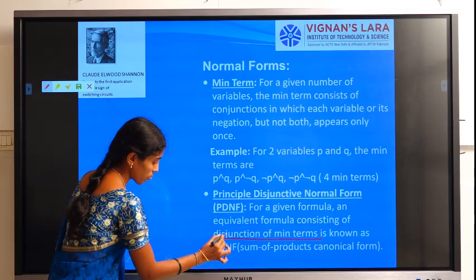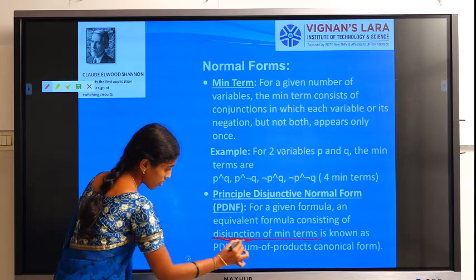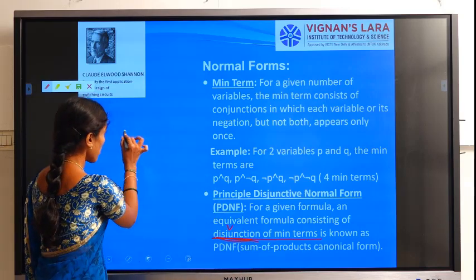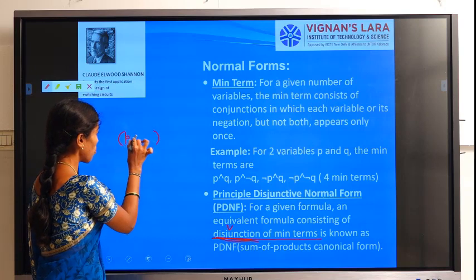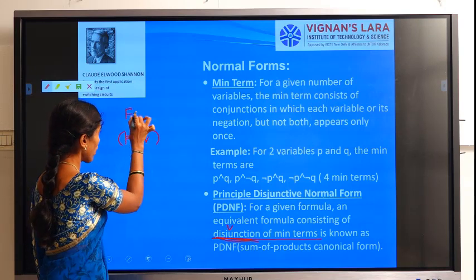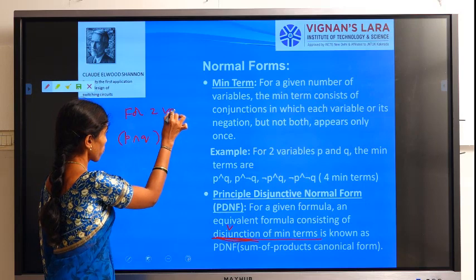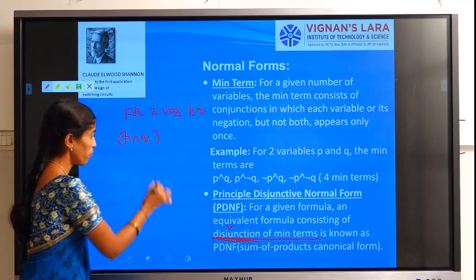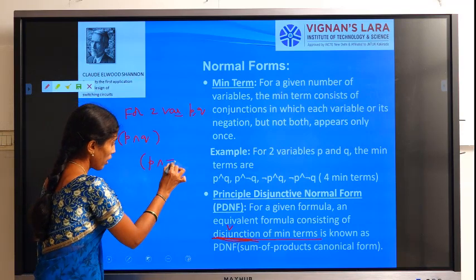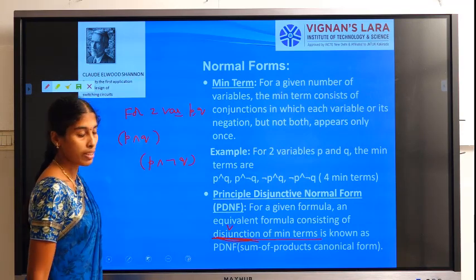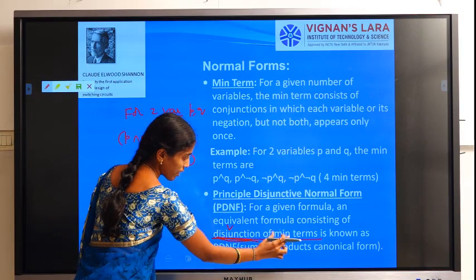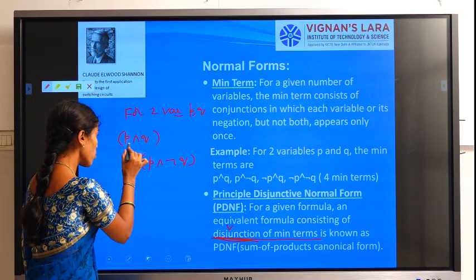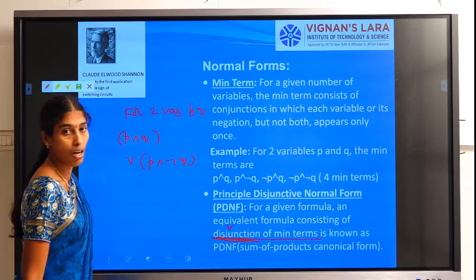This disjunction stands for the symbol OR. So P and Q for two variables P, Q is a min term. P and negation Q is also a min term. So disjunction of min terms means combining these two min terms by the symbol OR.